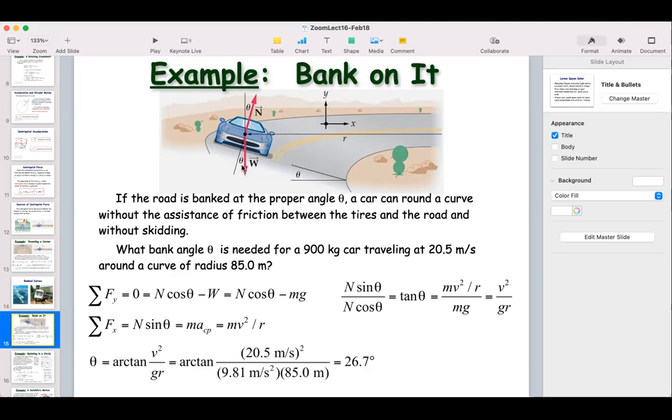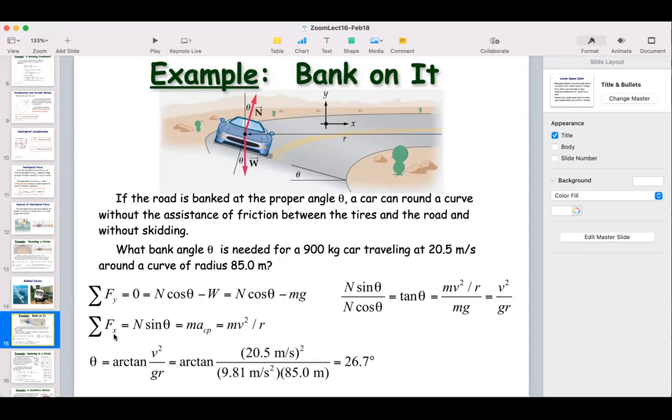So you see that the weight is all along y, while the normal force has a component along y and a component along x. Let's see, along y, there is no motion, so the sum of the forces is going to be equal to 0. The components of the forces are n cosine of theta minus the weight, so n cos theta minus mg equals 0.